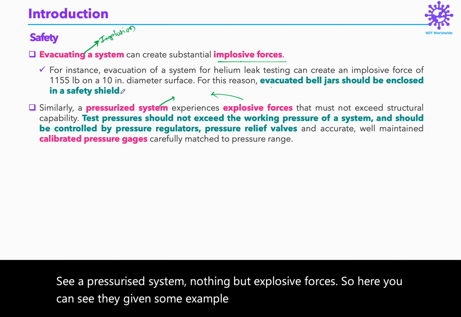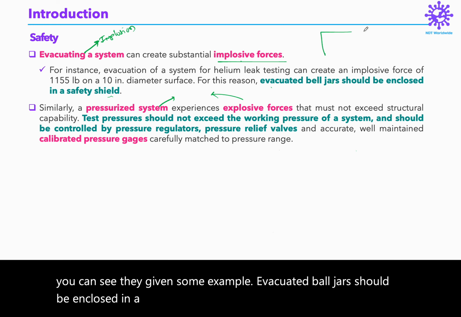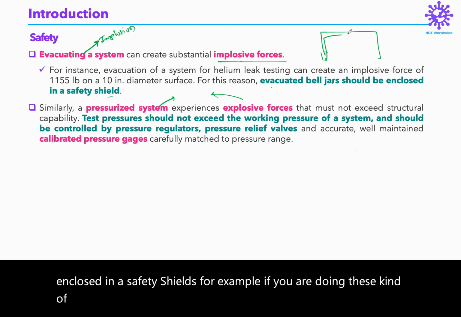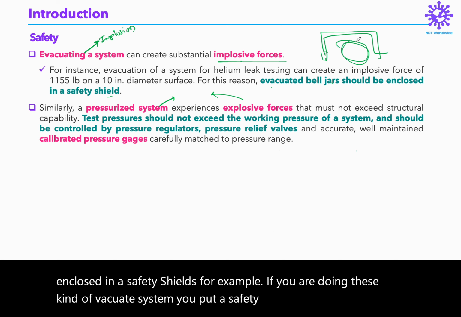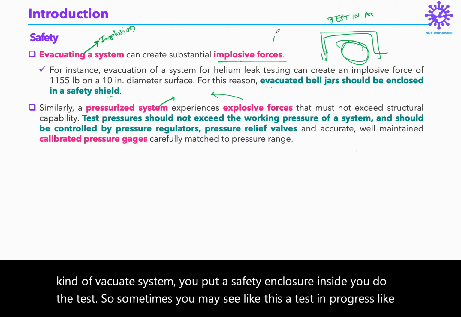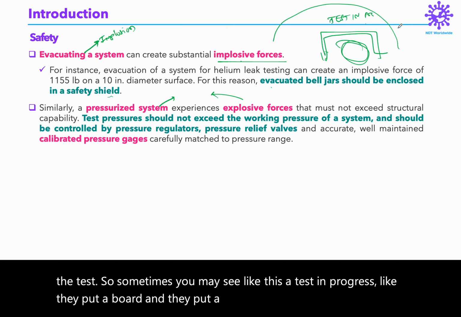Evacuated bell jars should be enclosed in safety shields. For example, if you are doing this kind of evacuated system test, you put a safety enclosure inside. Sometimes you may see a "test in progress" board and a barricade, and they don't allow anyone inside.